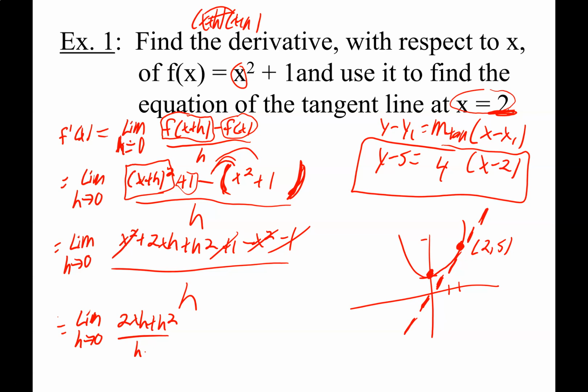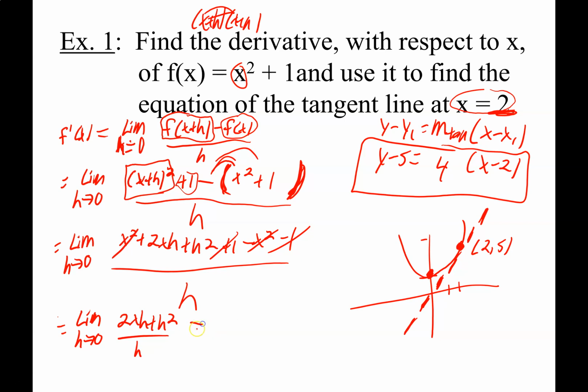Now if I do direct substitution here, since every term on top and bottom has an h and h approaches 0, it's going to give you that implied 0 over 0, or indeterminate form, which basically means I have no earthly clue what the limit is, or what the slope of the tangent is.